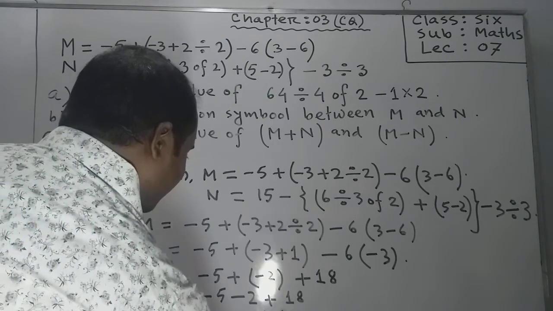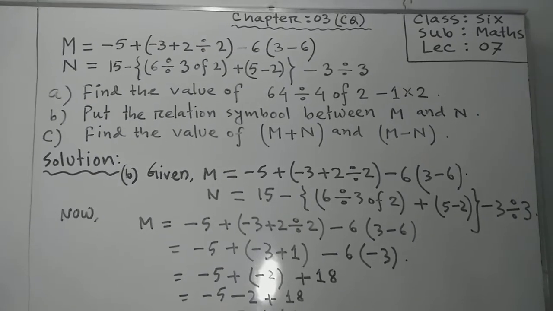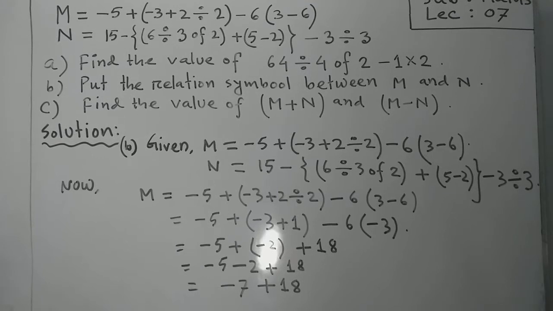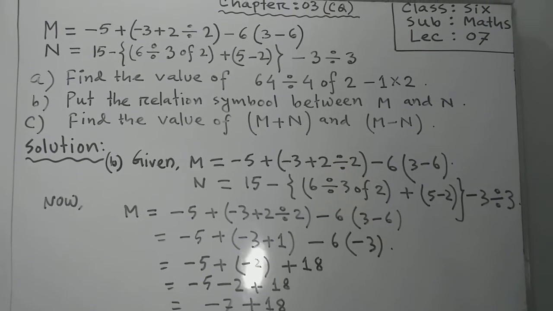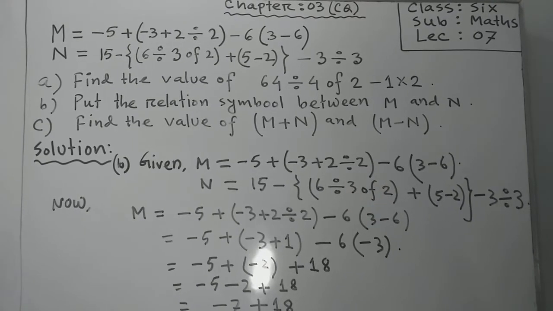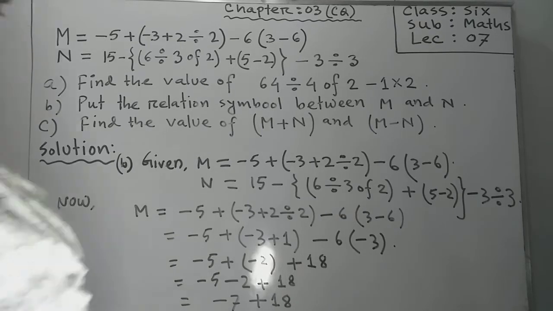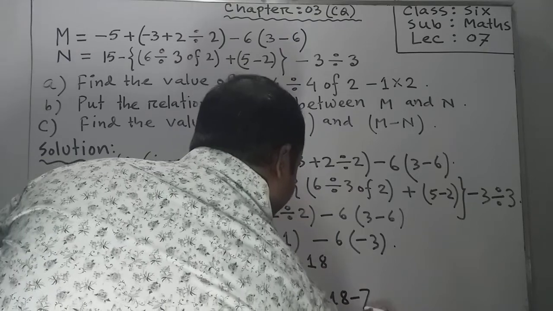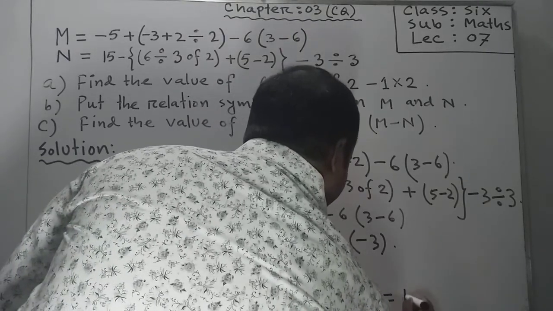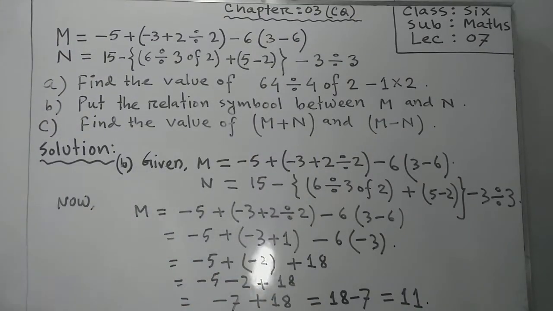Minus 7 plus 18 equals 18 minus 7, equals 11. So the value of m equals 11.